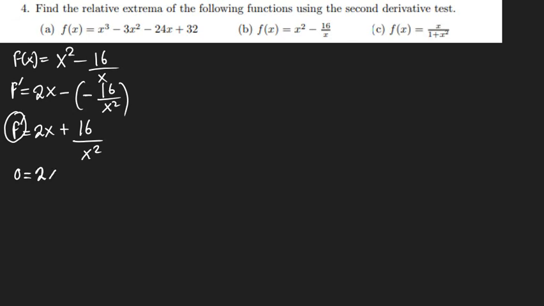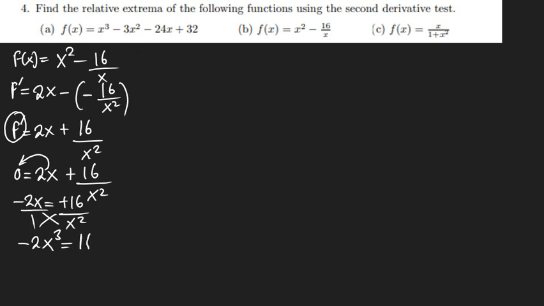We get the critical points. Goes this side, it becomes negative 2x is equal to plus 16 over x to the 2. Want to get the critical points, we cross multiply. We are going to get minus 2x to the 3 is equal to 16.